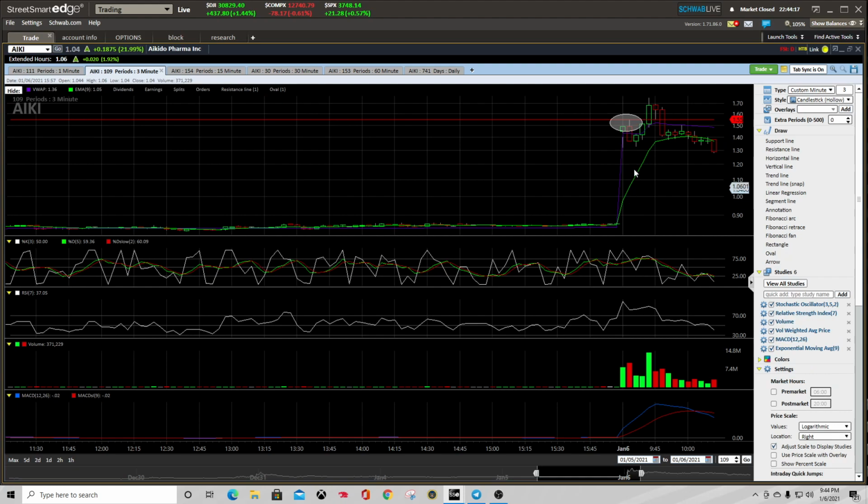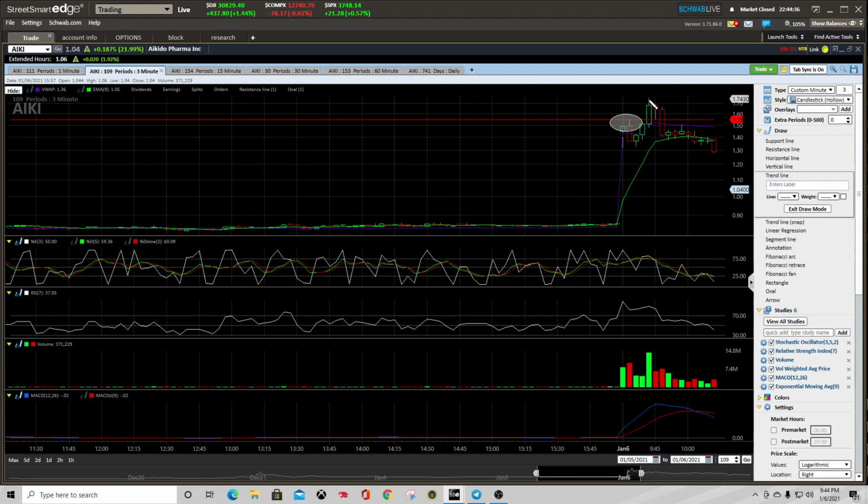Now, when a stock puts in an initial morning high, pulls back, and now it's back above VWAP, extends, and then comes back to test this initial morning high, it usually will form a triangle above the initial morning high.